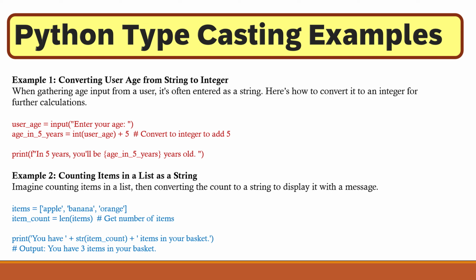And then we will print 'You have' plus, and this is where we're using the str function to convert it back to a string. And this of course was stored in item_count. And then we are using the plus to concatenate another string, 'items in your basket'. And finally, the output should be 'You have 3 items in your basket'.